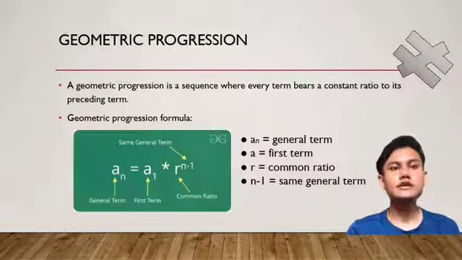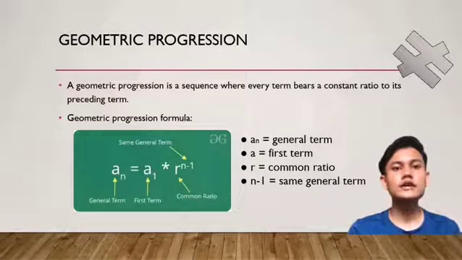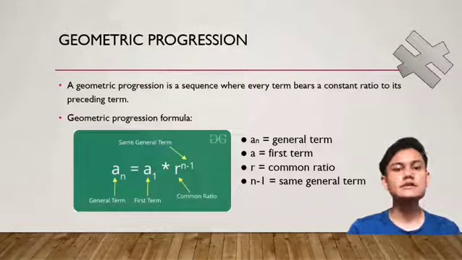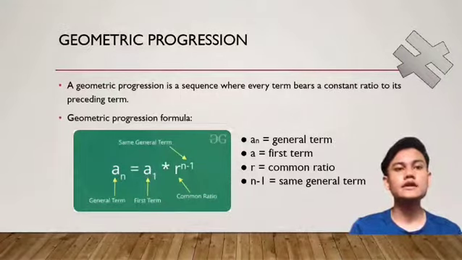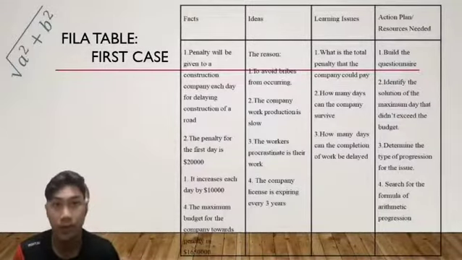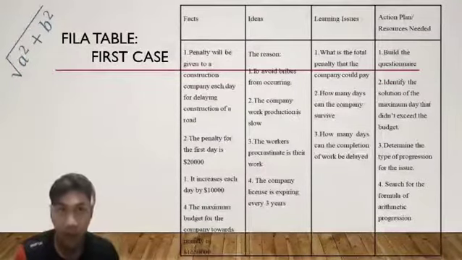The geometric progression formula is an equals a r to the power of n minus 1, where an is the general term, a is the first term, r is the common ratio, and n minus 1 is the same general term. Now for the PBL table, first case.